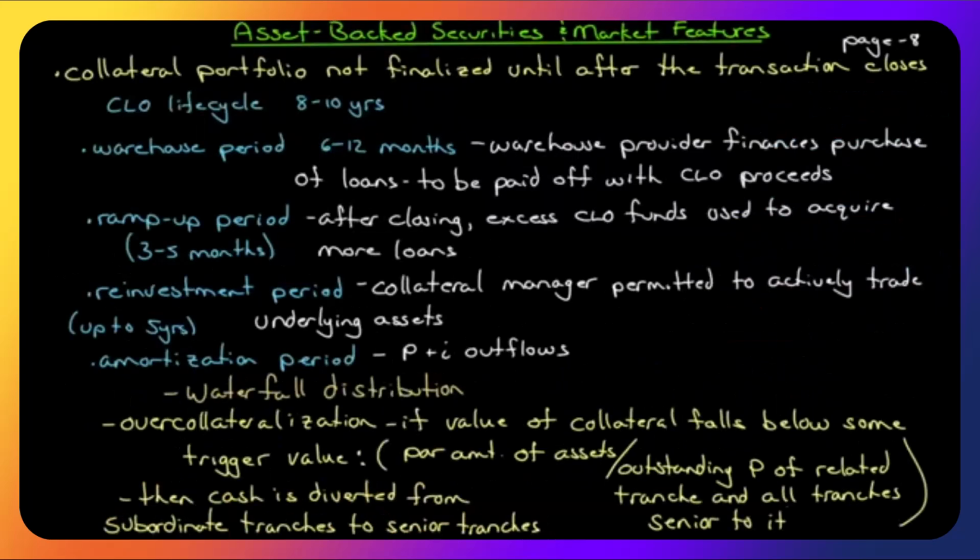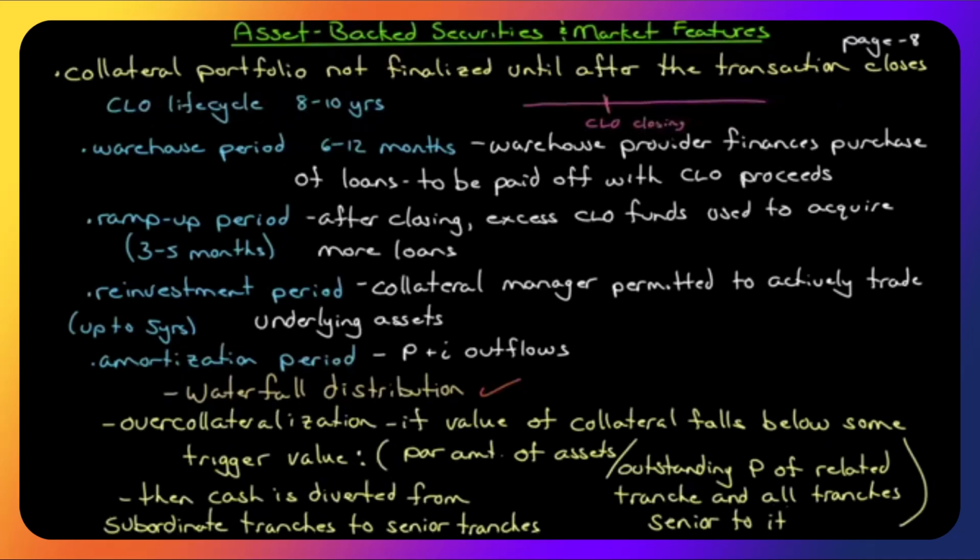Okay, let's look at the timeline for a CLO. And down here, we will look at the over-collateralization test, which will hopefully clear up the difference between the cash flow CLO and the market value CLO. But let's deal with the timeline, and I'll just draw a straight line here. This line right here will be our CLO closing date.